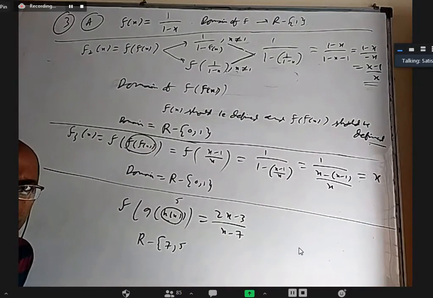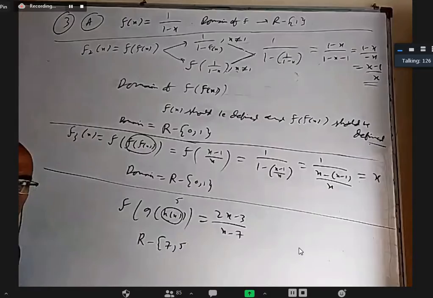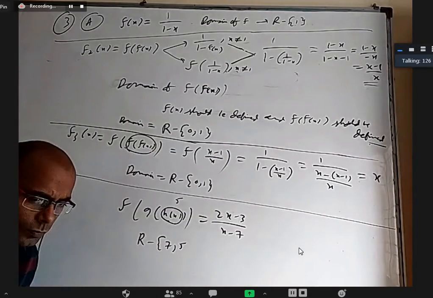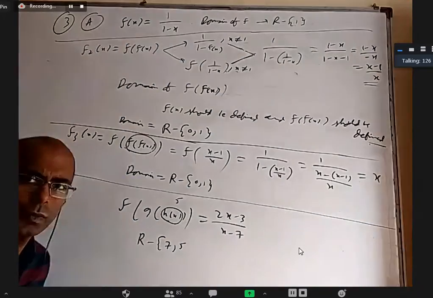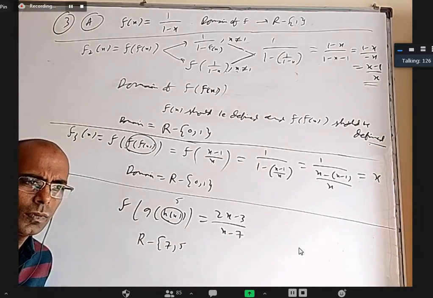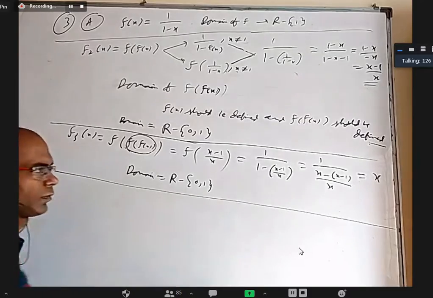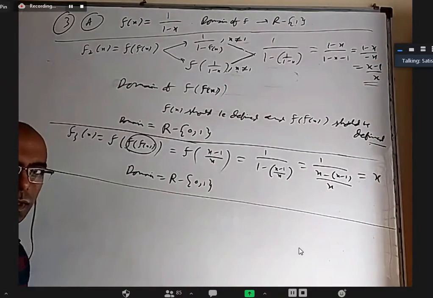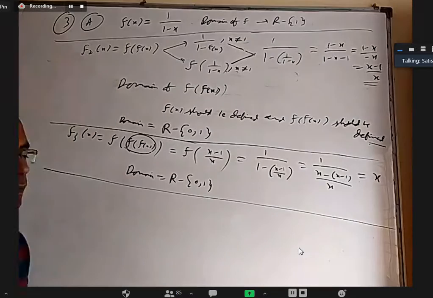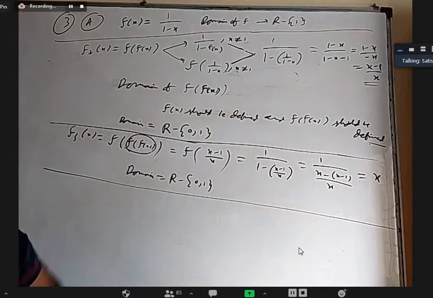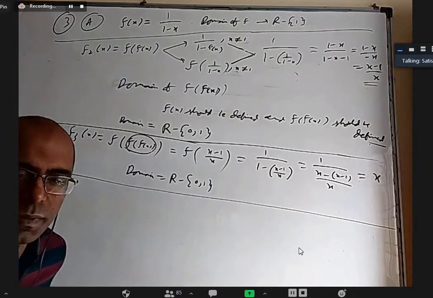Sir, I didn't ask that. I asked whether we should substitute f of x in the original expression till we get back the original x by 1 by 1 minus x. Again, your question is not clear to me. They asked f of x, that's why I substituted. What do you mean by till we get the original expression?